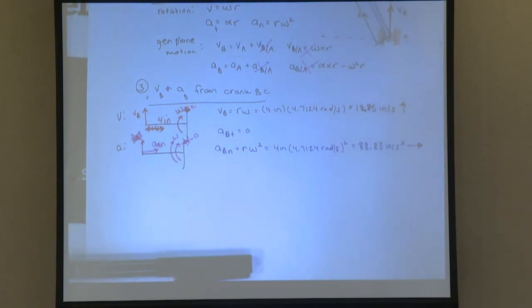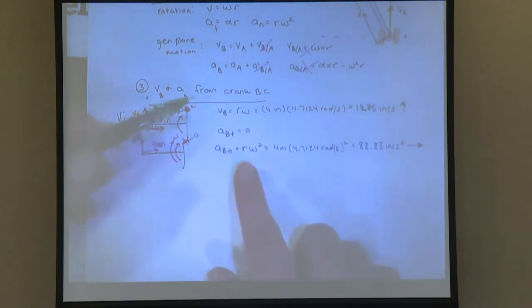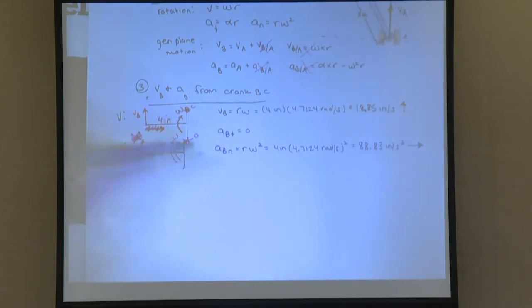So we're trying to find the acceleration of point A and the acceleration of point D. Since we've pretty much finished everything we can find as far as point B goes, we can move on to the next lever arm.